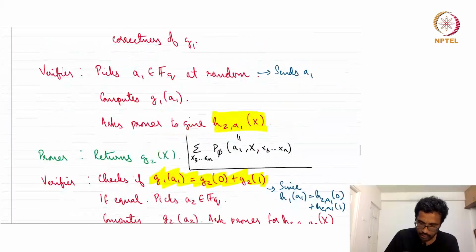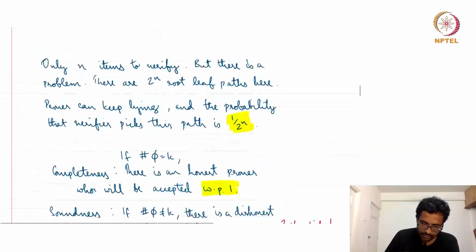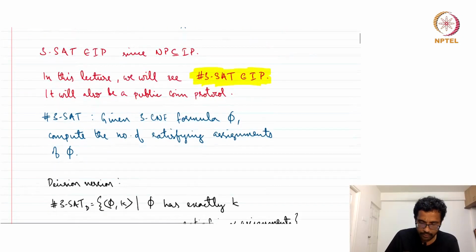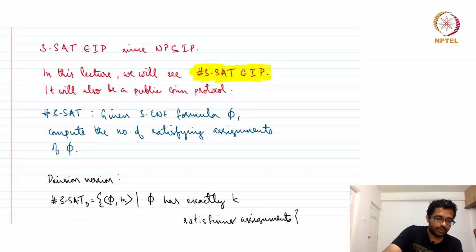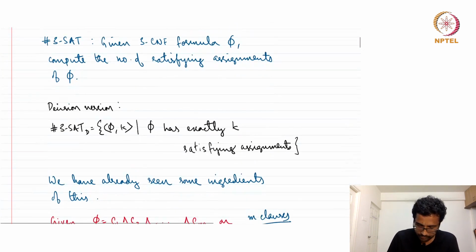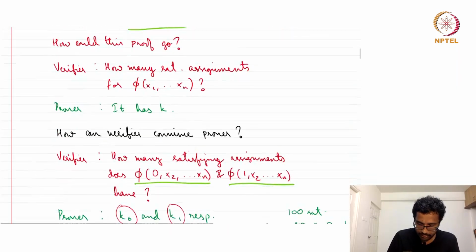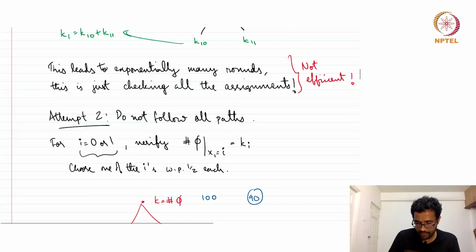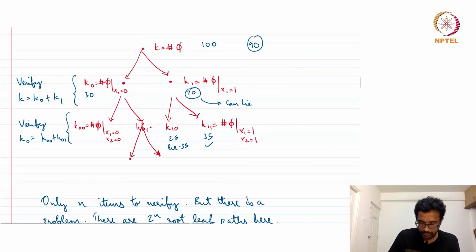So just to summarize once again, we wanted to have an interactive proof for sharp 3 SAT. Given a formula and a number k, we want the prover to convince the verifier that this formula has k satisfying assignments. We saw a couple of wrong attempts, and then we modified our approach.